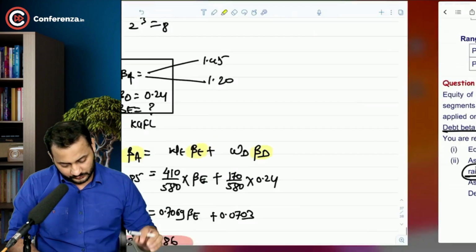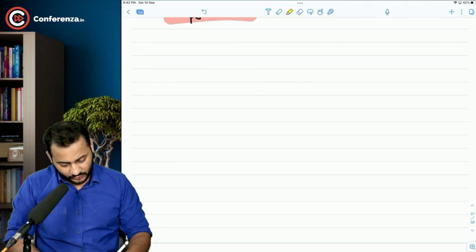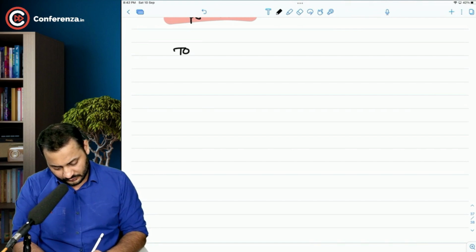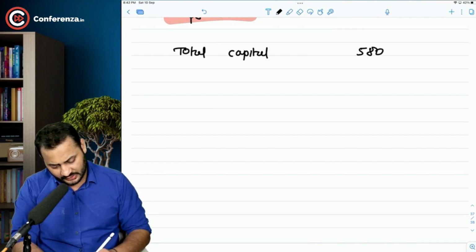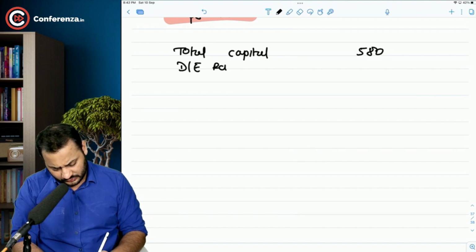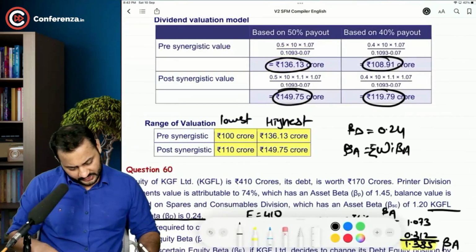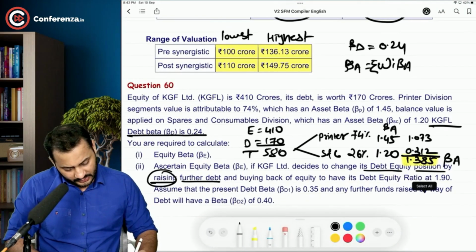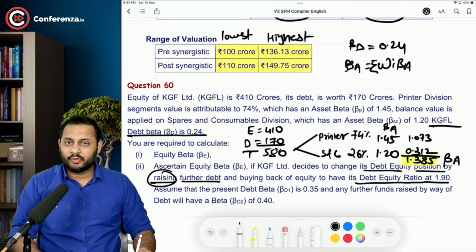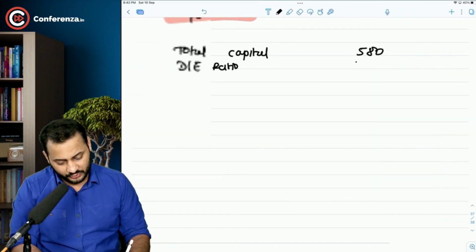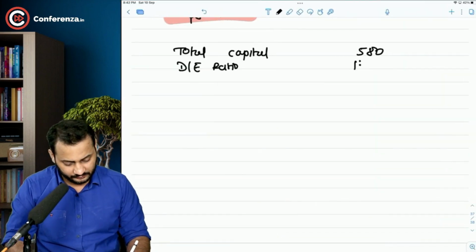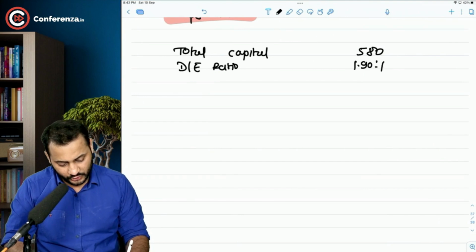So let's do it like this. Total capital is 580. What is the debt equity ratio required? The debt equity ratio has to be 1.9, so it should be 1.9 is to 1.